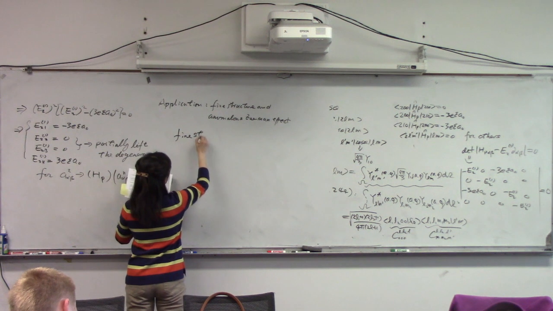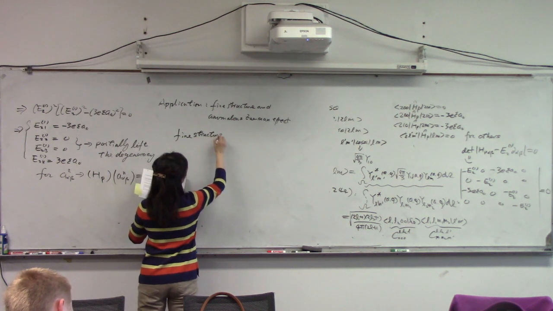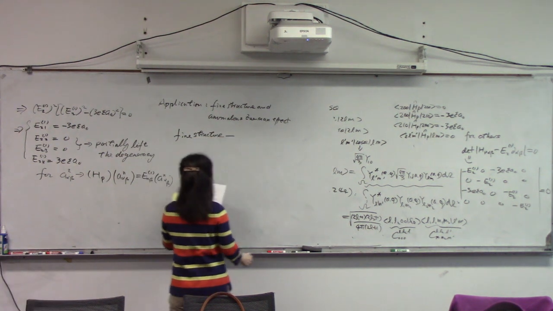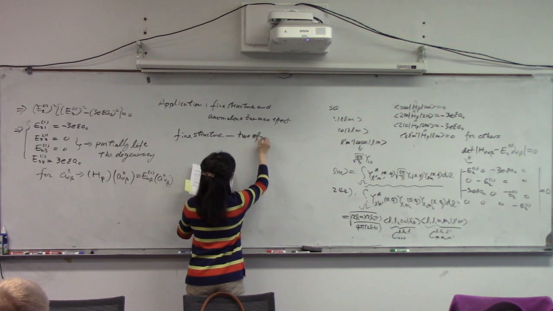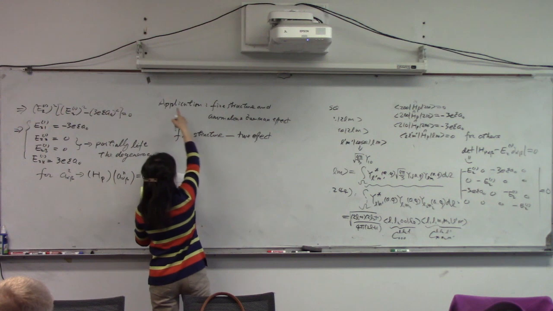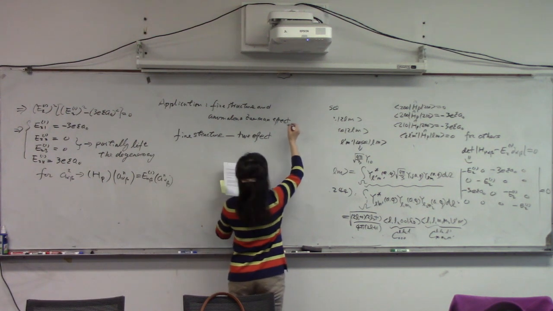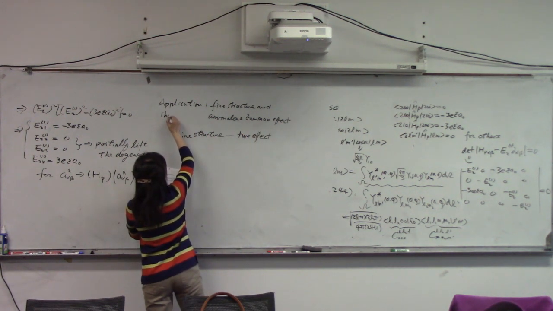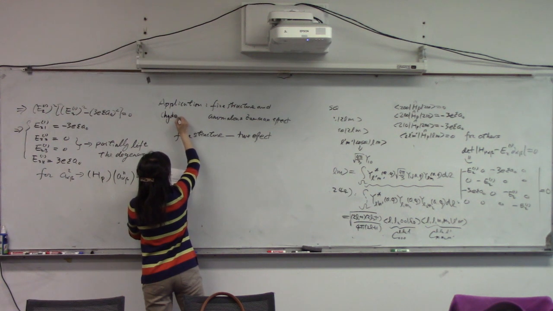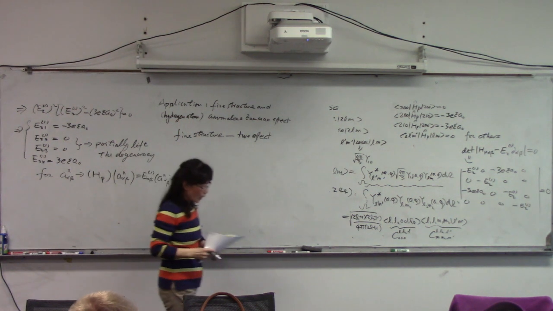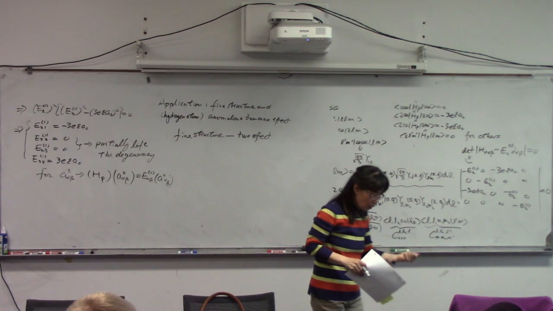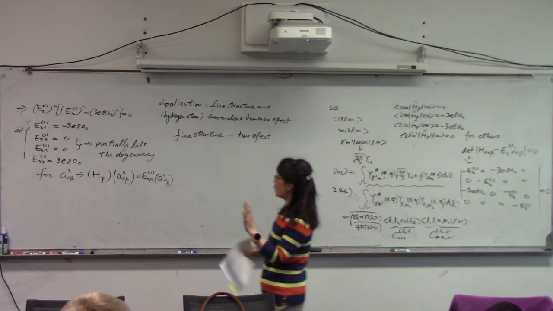What is the fine structure? Fine structure includes two effects. Due to these two effects combined together, that is the fine structure correction on the hydrogen atom. When we discussed the hydrogen atom in chapter 6, we did not consider these.